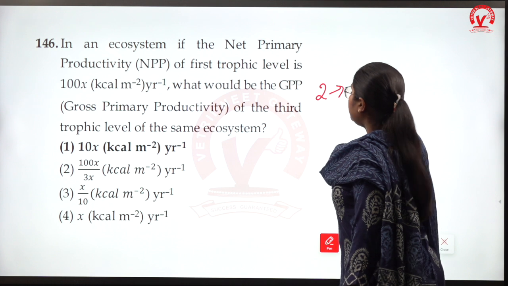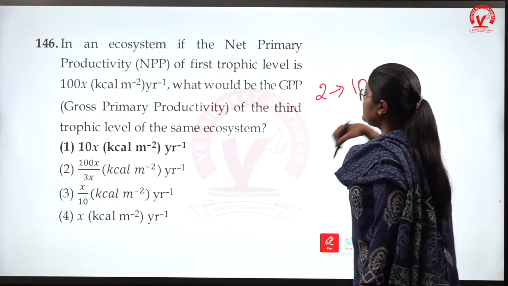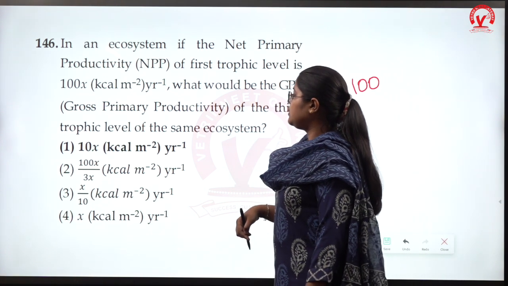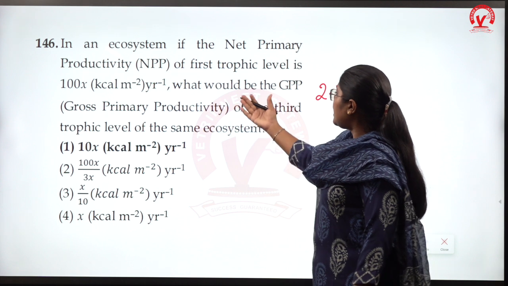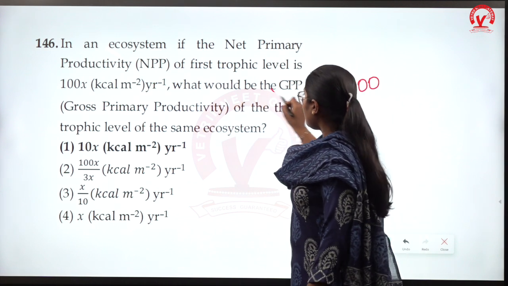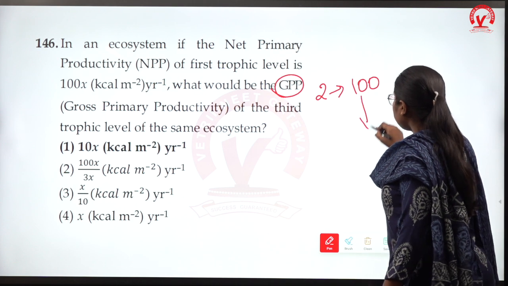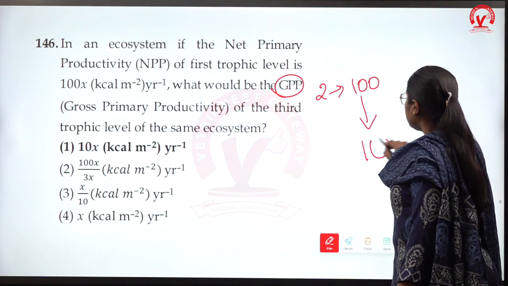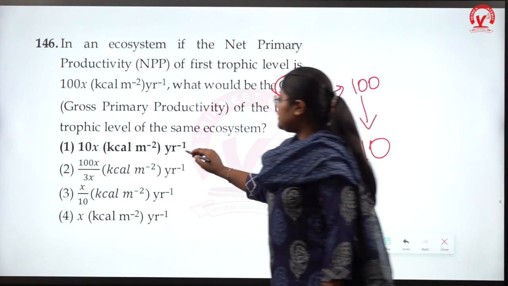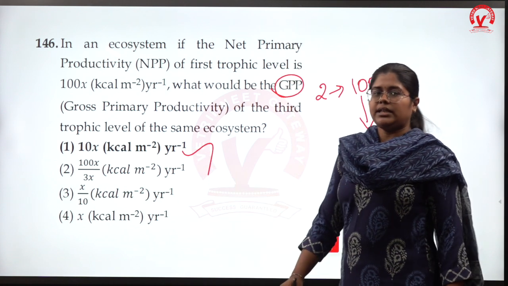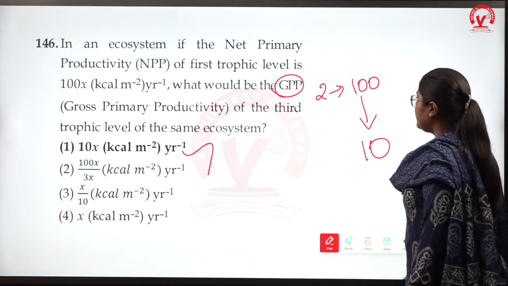So what is available at the second trophic level is 100x kilocalories per meter square per year. Then they have asked for the gross primary productivity of the third trophic level. So 10% of this is what we get, which is 10x kilocalories per meter square per year. So first option will be correct.